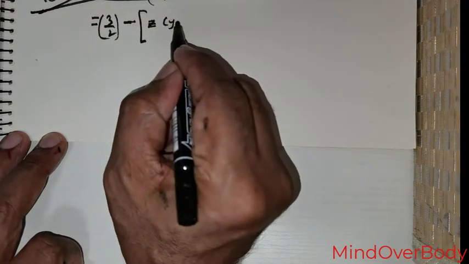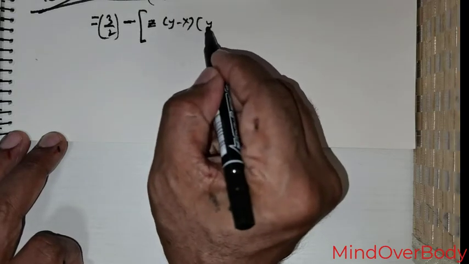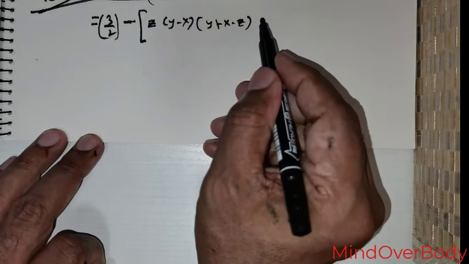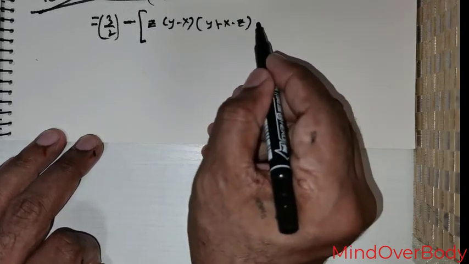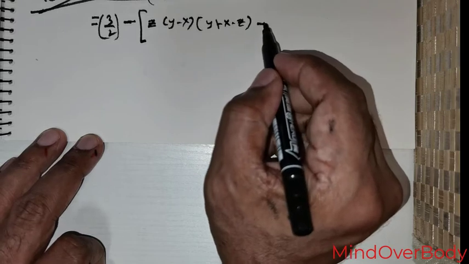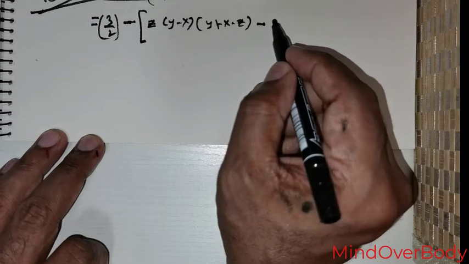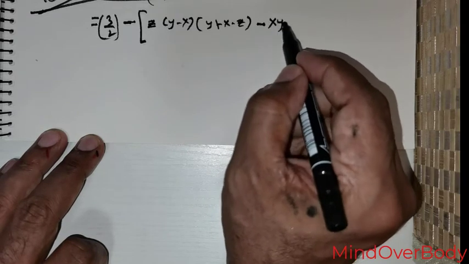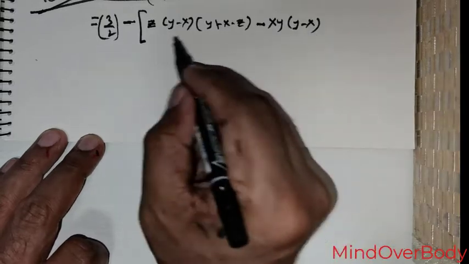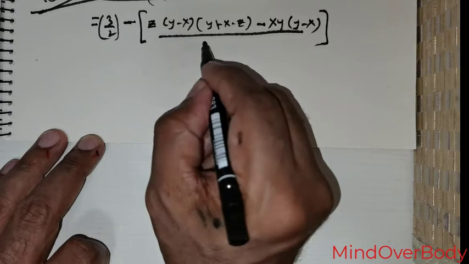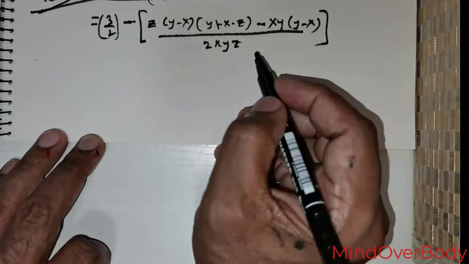So it's going to be negative, I will just place z of y negative x times y positive x negative z, and followed by, I got a positive xy of x negative y, so I want to take a negative sign out, so this is going to be negative xy of y negative x. So this entire thing is divided by 2 times xyz.